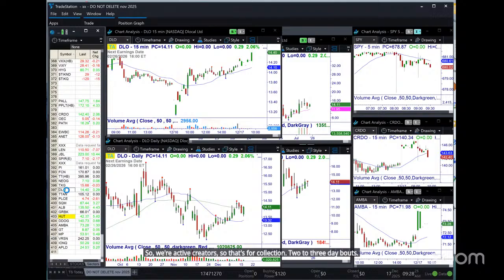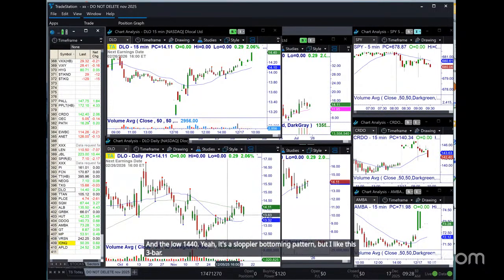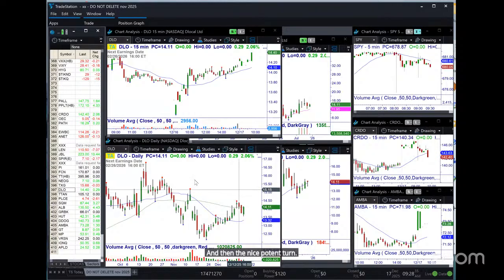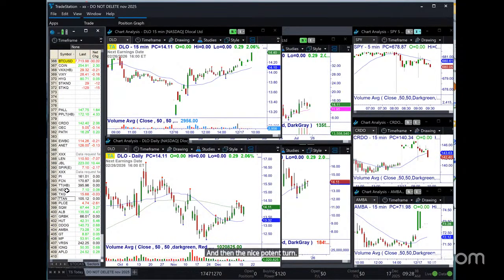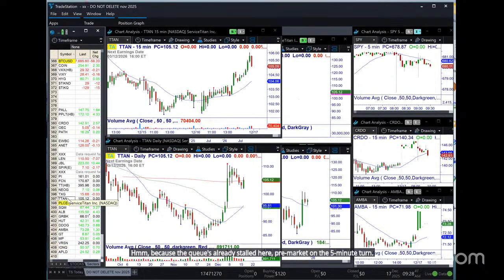Below 1440. Yeah, it's a sloppier bottoming pattern, but I like this 3 bar and then a nice potent turn. Good, see Q's already stalled here pre-market on the 5-minute chart. This is a momentum move, so there's no support, but it's making the turn.